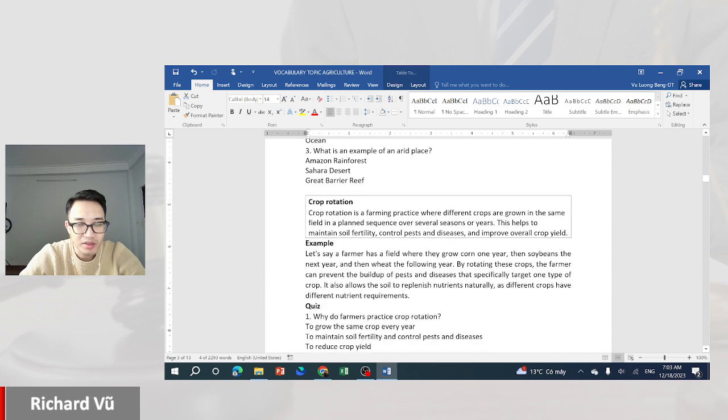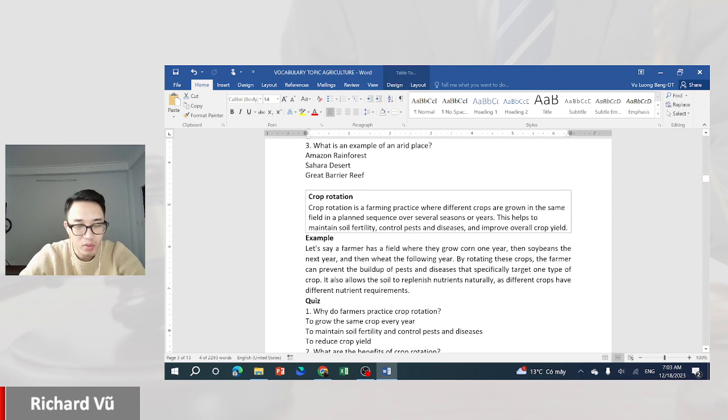The next word here, crop rotation. Crop rotation is a farming practice where different crops are grown in the same field in a planned sequence over several seasons or years.